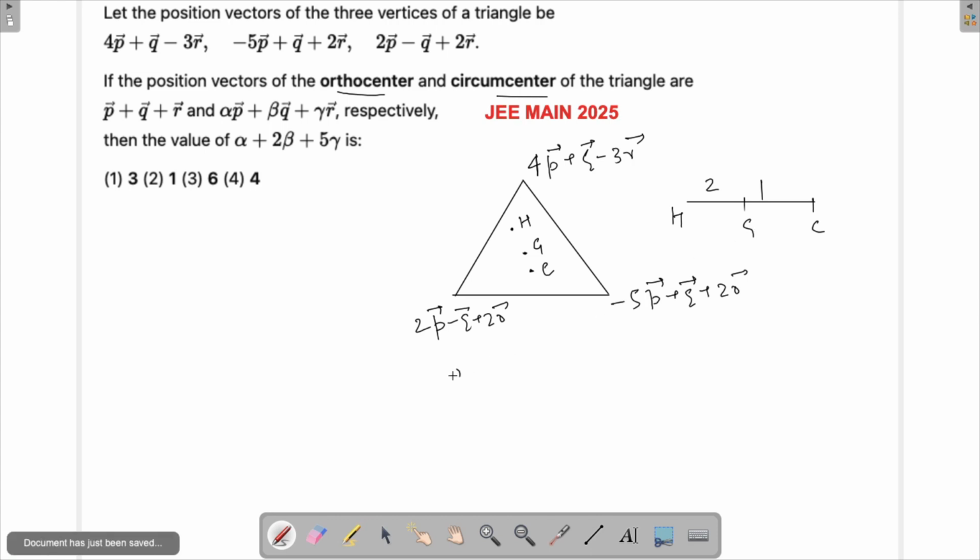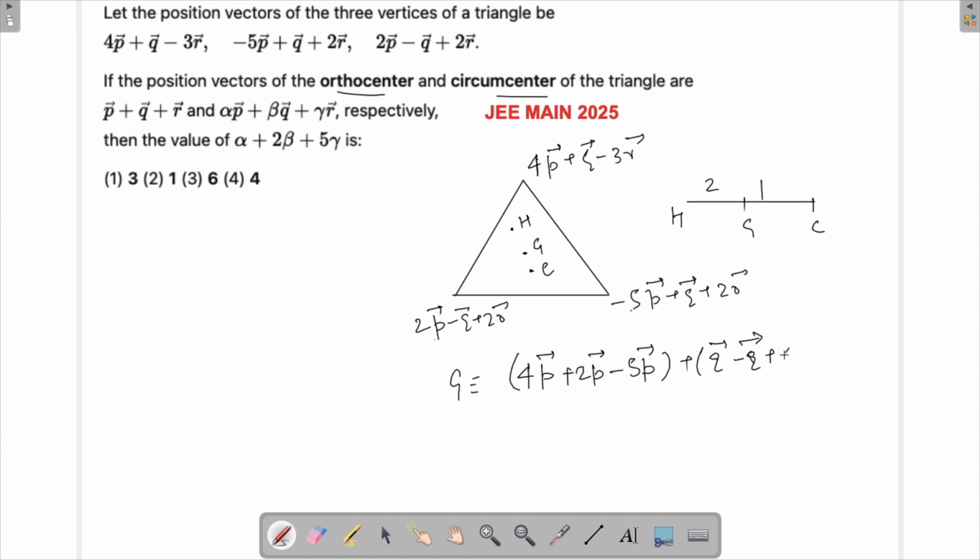We have been given the orthocenter and circumcenter, but not the centroid. So we'll find our centroid, which would simply be the sum of all three position vectors divided by 3. Let's write it out, getting the components individually: 4p plus 2p minus 5p, then q minus q plus q, and then minus 3r plus 2r plus 2r, all divided by 3.